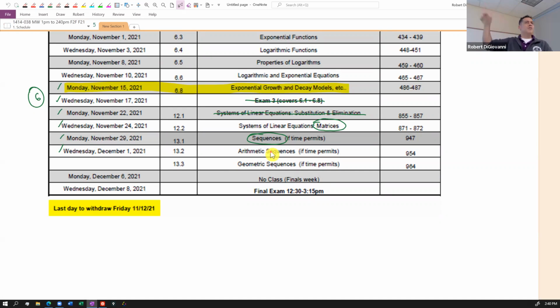If it's 2, it's 2n. If it's 5, it's 5n. That's an arithmetic sequence. Geometric sequences, here they're just getting you used to the notation. I've gone all the way into series, which is beyond this, just because I think y'all can handle it. So be here Wednesday so I can give you some idea of the questions that I will ask on the final, which I think are going to be very similar to what I just sent you home with.